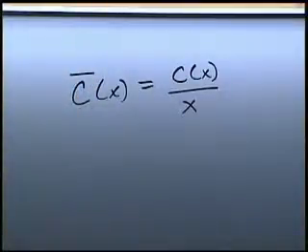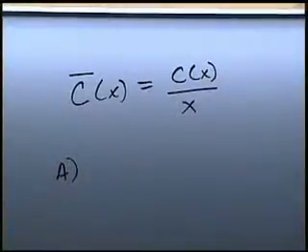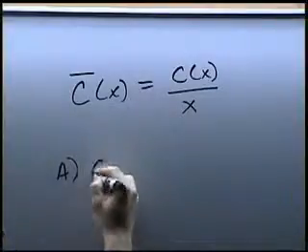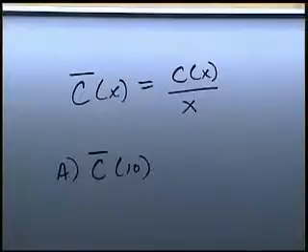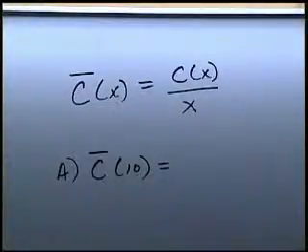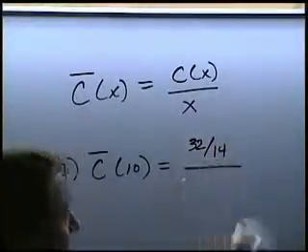All right, so now let's go ahead and do part A. Part A wanted to know what was the average cost for 10 units, so C bar of 10, in other words. If we go back and plug 10 into that equation, what's my numerator? 32, denominator is 14, so 32 divided by 14. That's what I get up on the top.